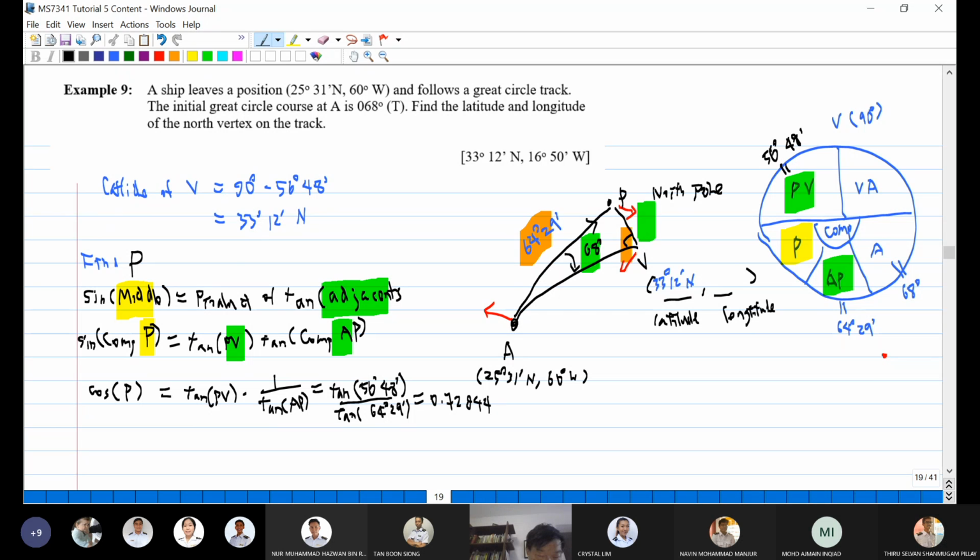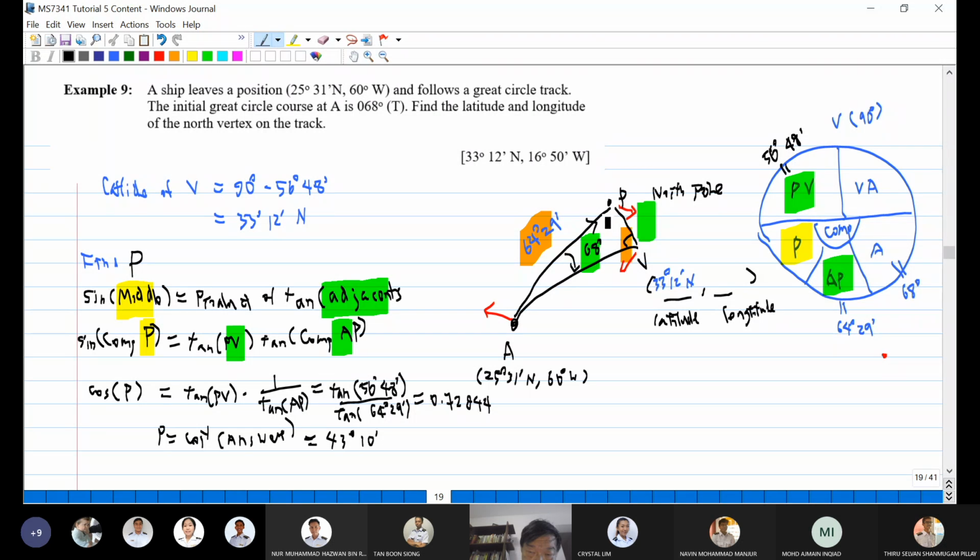So now we can find out what is P now. So P is equal to cosine inverse of the answer. Okay, so you can find out this one is 43 degree. And how many minutes here? It's actually 10 minutes here. So this angle P is 43 degree 10 minutes here.